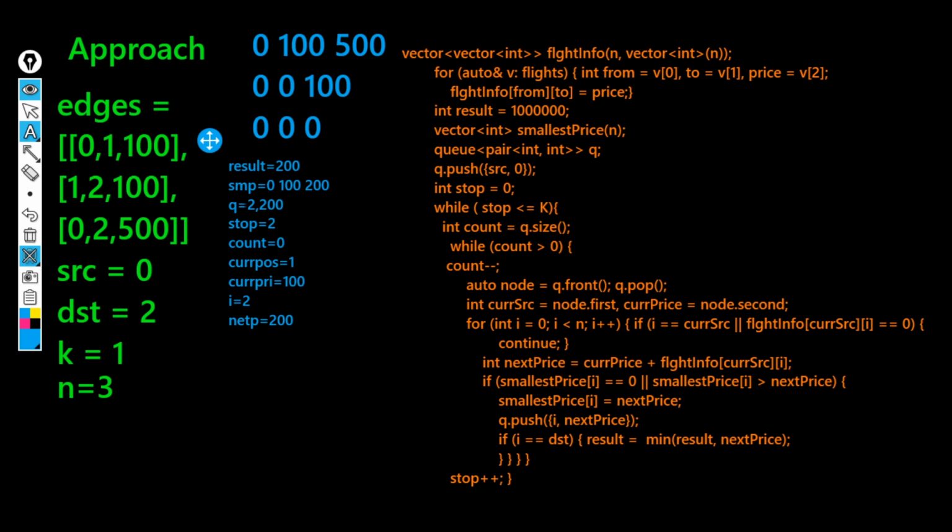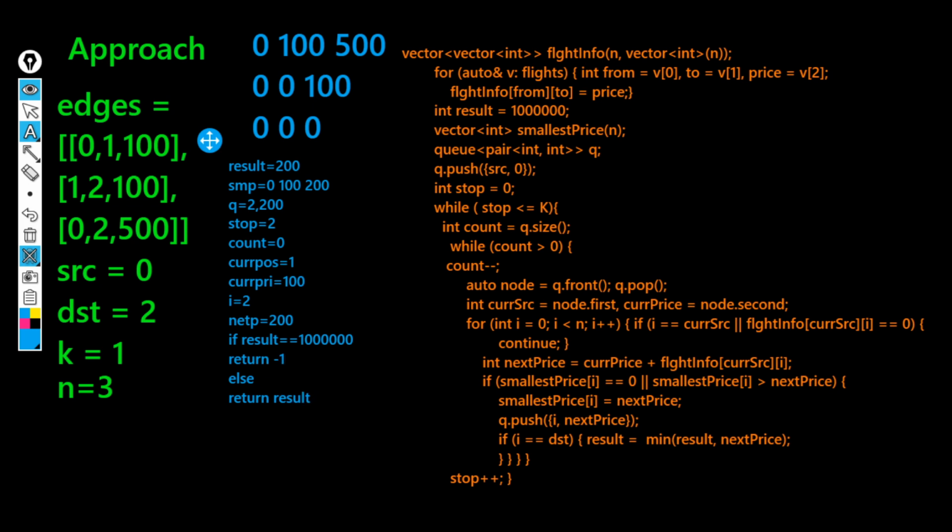Now we will check a condition: if the result is equal to the initial value, which we declared as some high value, then we will return -1, else we will return the answer or the result.